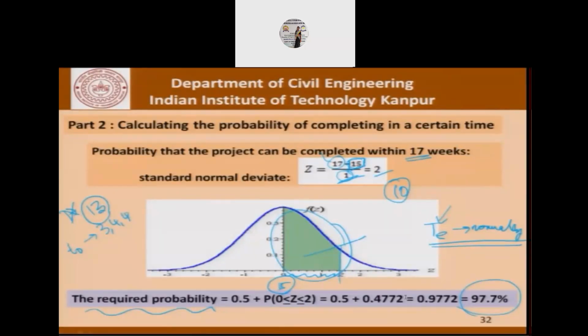So the idea is that instead of 15, which represents the 50% probability of completion, we are talking of going minus 2 here, at 13. So what will be the probability of completing this project in 13 days? Of course, there's a finite possibility because the optimistic times associated with these three activities are indeed less than 13.